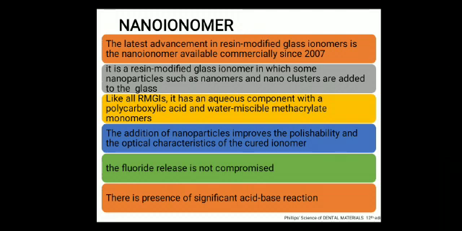Like all resin modified GICs, it has aqueous components with a polyacrylic acid and water miscible methacrylate monomers. The addition of nanoparticles improves the polishability and optical characteristics of the cured ionomer. The fluoride release is not compromised. There is presence of significant acid-base reaction.